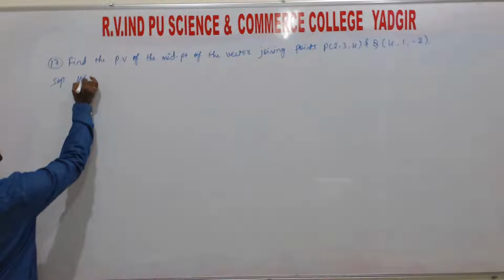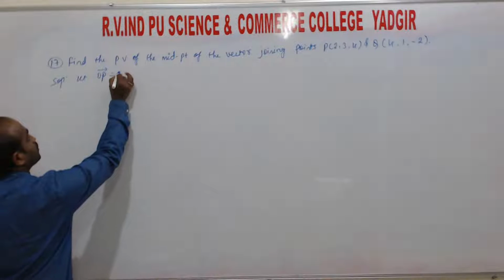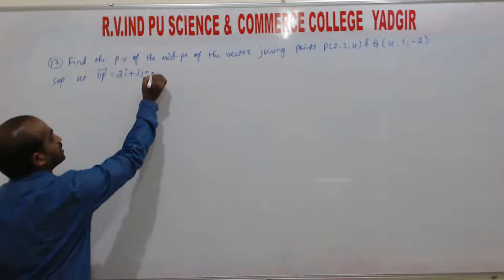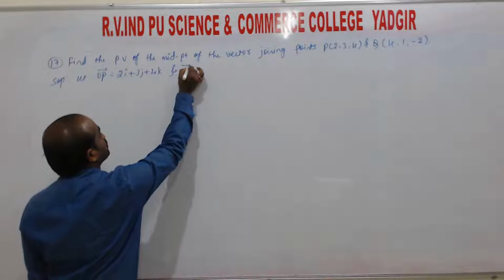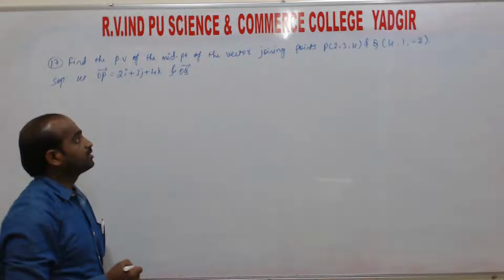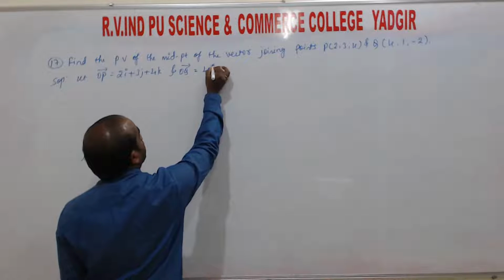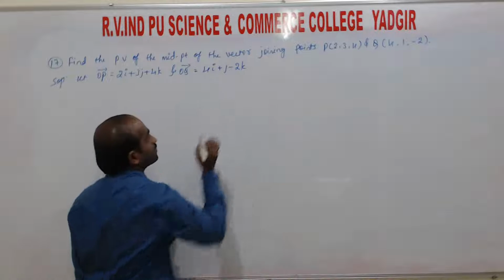Solution. Let the OP vector be 2i plus 3j plus 4k, and the OQ vector, the position vector of the point Q, be 4i plus j minus 2k.